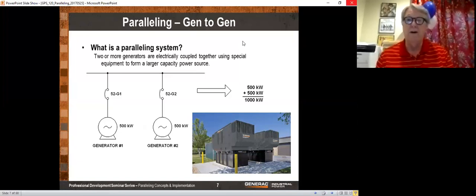Let's say you had a 500 horsepower motor and you wanted to start that. You would typically need about a 1 megawatt generator to start that across the line. Could you start across the line with two 500s? And the answer is yes, of course you could. They will work just as well in that situation as they will in the continuous running mode.